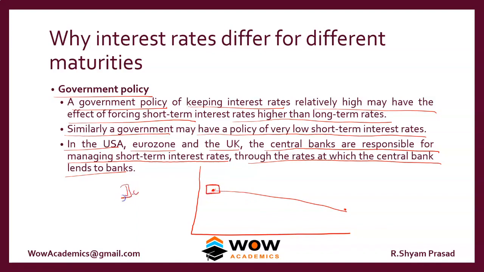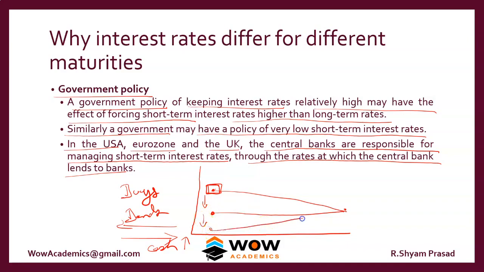As the government buys bonds, the bond will move to the government and the cash will move to the market. As there is now a lot of cash in the market, the interest rate will start to fall. Now the curve can even be a flat curve, or if the government is very aggressive, it can also be a normal curve. So the government has the power to convert any curve. So that is what is told here.